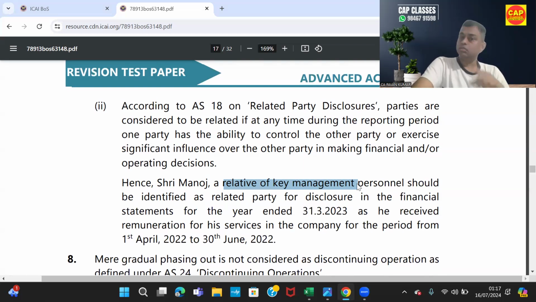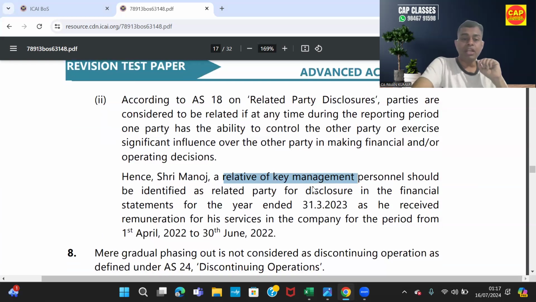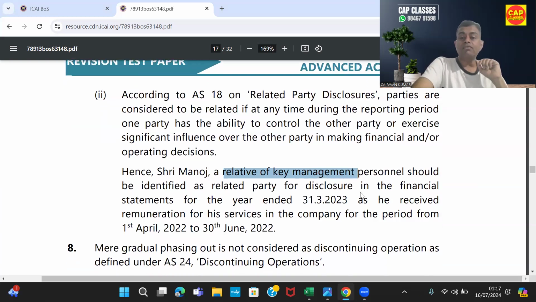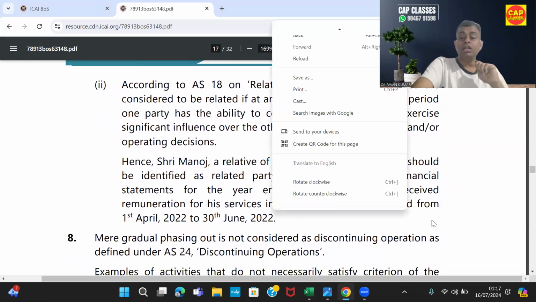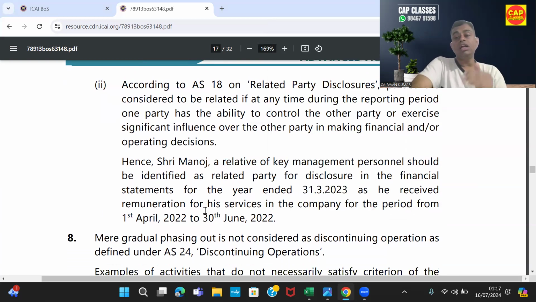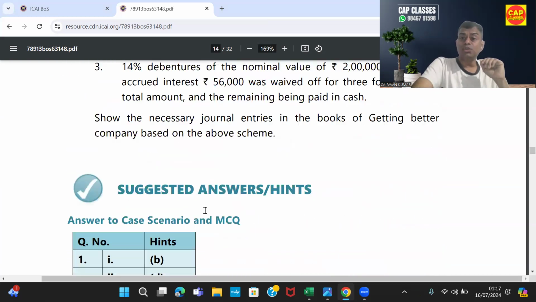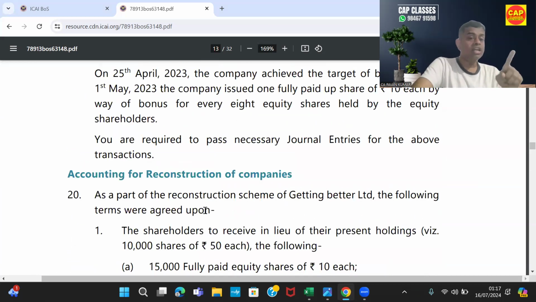He is a relative of KMP, so he should be treated as a related party. He should be identified as a related party for disclosure in financial statements, as he received remuneration for his services in the company for the period from 1st April to 30th June. So whatever 3,50,000 is given to him, it is a related party transaction. So this is question number 7 on Accounting Standard 18.